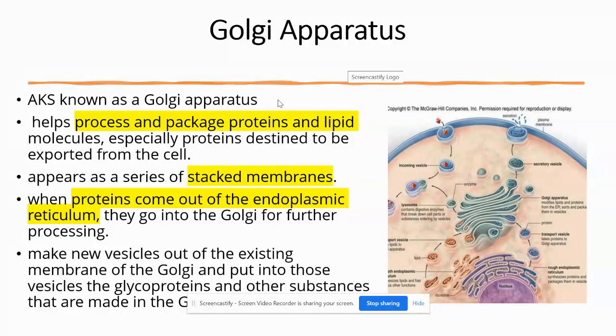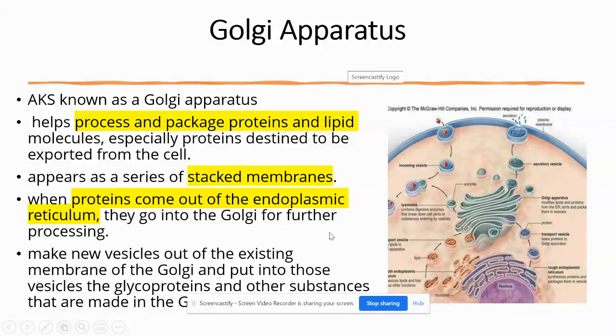And it's especially there for proteins that are destined to be exported from the cell to be removed. The Golgi apparatus is going to appear in the cell as a series of stacked membranes. When proteins come out of the rough endoplasmic reticulum, they go into the Golgi for further processing.